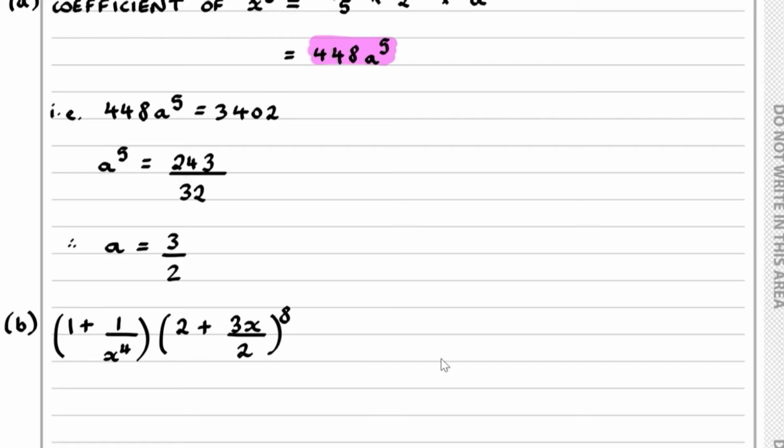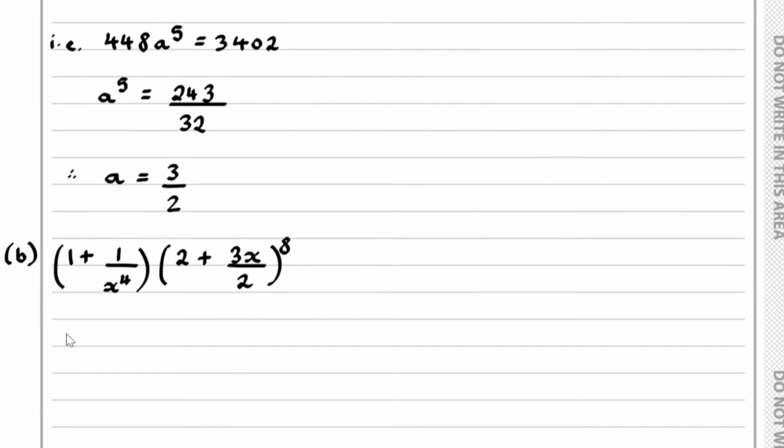And what we have to do is somehow find out the constant term. Now, what we'll do is write out a couple of terms of the expansion of (2 plus 3x over 2) to the power of 8 in a certain order.